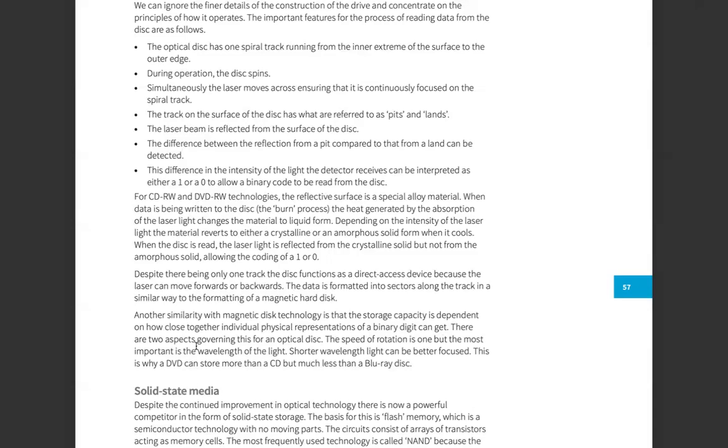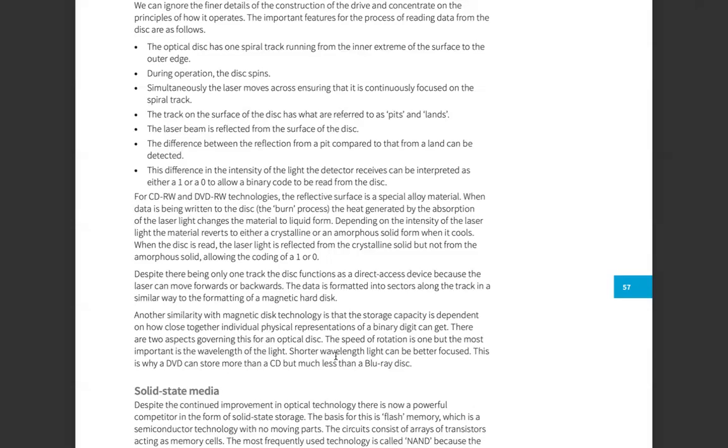There are two aspects governing this for an optical disk. One is the speed of rotation, but the most important is the wavelength of the light. Shorter wavelength light can be better focused.